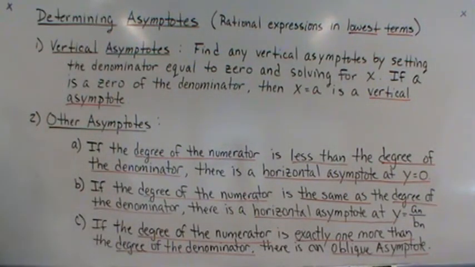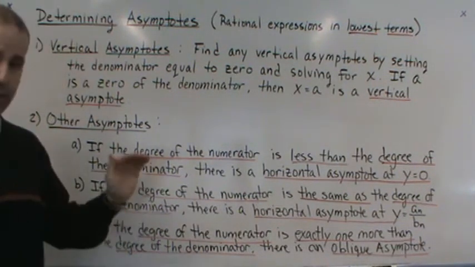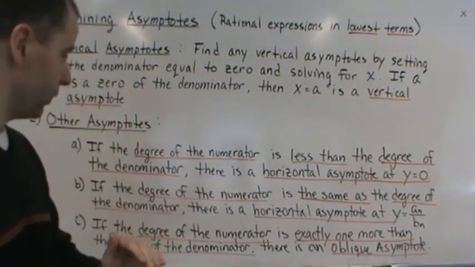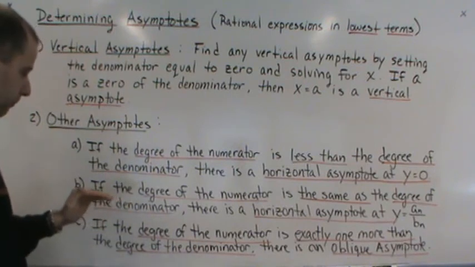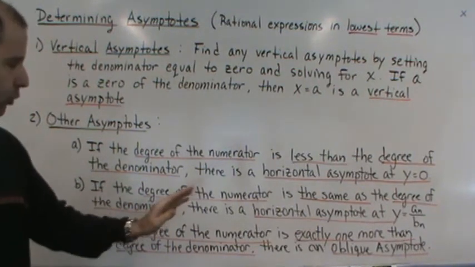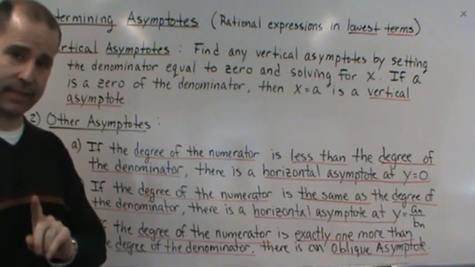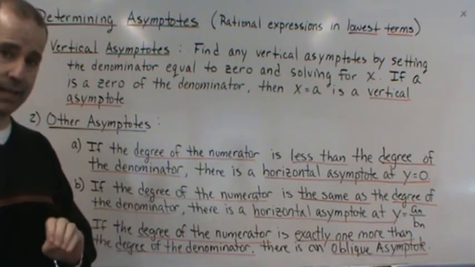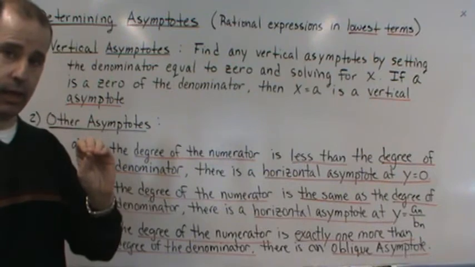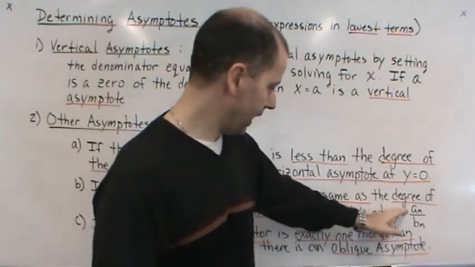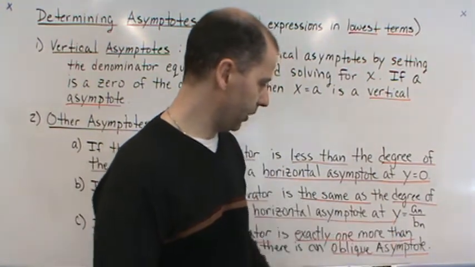Part B says if the degree of the numerator and the degree of the denominator are the same. So what if they're the same degree? Then you will have a horizontal asymptote, but it may not necessarily be at 0. It'll be at the ratio of the leading coefficients. That's where this a sub n over b sub n comes from.